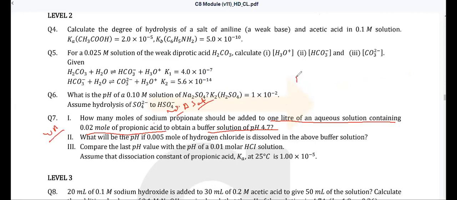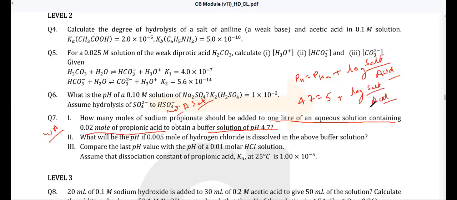So again, pH is equal to pKa plus log salt by acid. pH is given, 4.7. What is pKa? pKa is 5 plus log salt by acid. Right, everyone? Tell me.